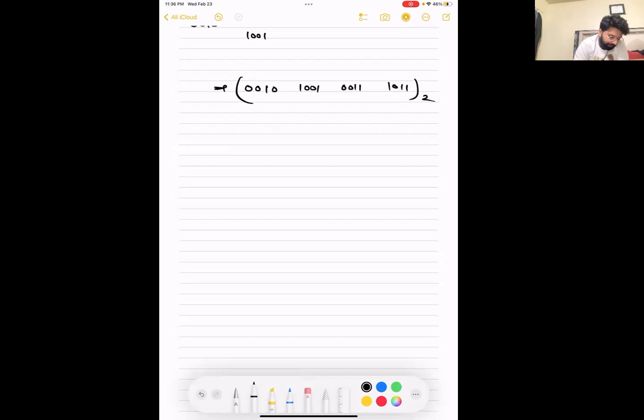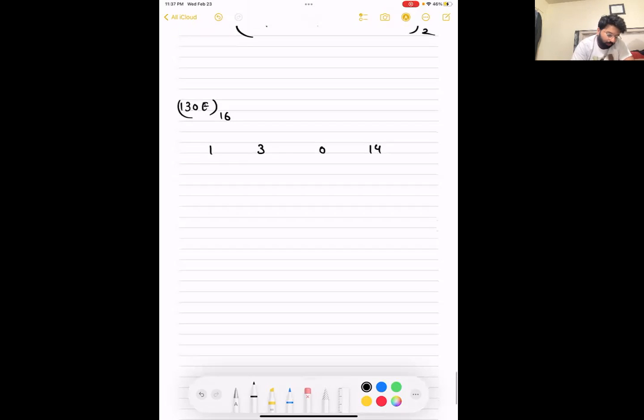Okay, so 130E is the last problem. This is in hexadecimal, base 16. So we're going to simplify each number. 1 is 1, 3 is 3, 0 is 0, and E is 14, right? So you're going to convert these numbers to binary. 1 is 0001, 3 is 0011, 0 is 0000, and 14 in binary is 1110.